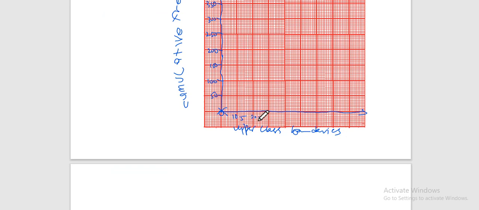This is 20.5, 30.5, 40.5, 50.5, 60.5, 70.5, 80.5, 90.5, 100.5. Our graph cannot contain it, but let's just improvise.